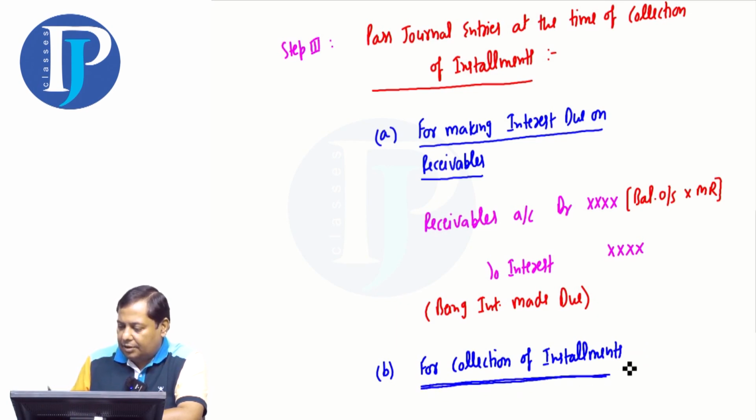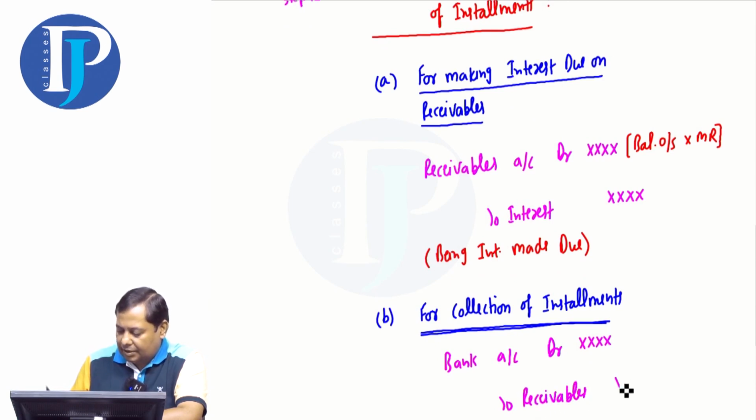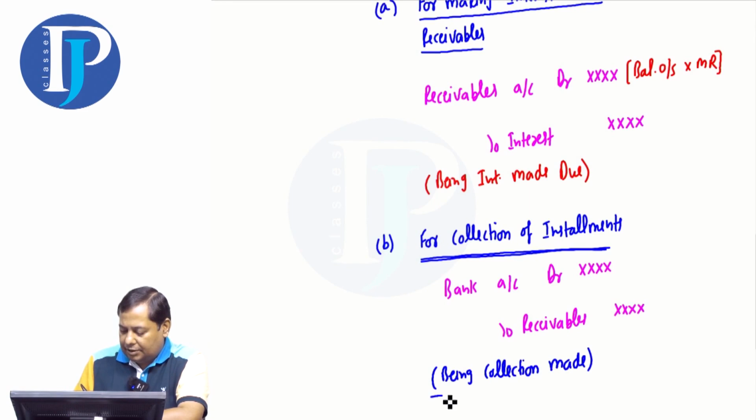We will pass the entry: bank account debit to receivables, being collection made. Money is received. Apply interest first, then receive money after that.